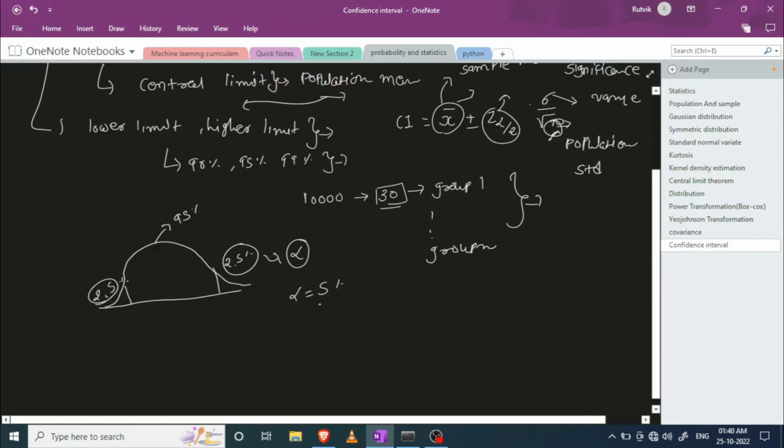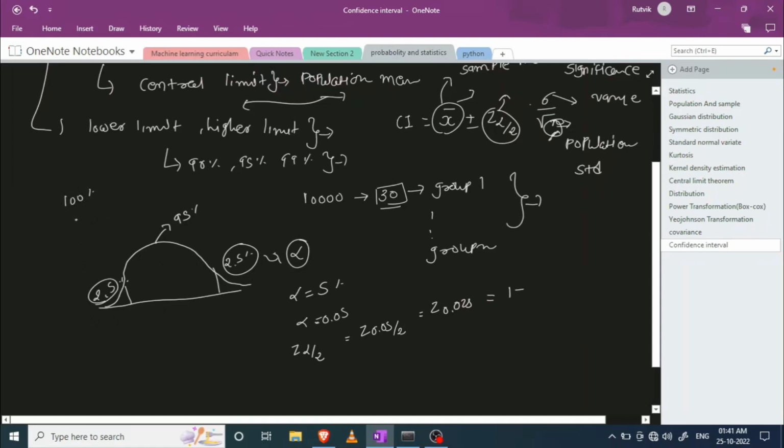That means alpha is 0.05, right? So if we calculate the z alpha by 2, that means z 0.05 by 2, that means z 0.025, right? And in order to calculate the z 0.025, we have some functionality like this: 1 minus, so this whole graph is represented by 1, because the whole data is represented by 100%, right?